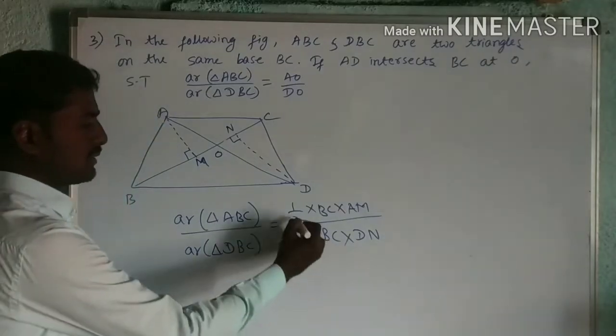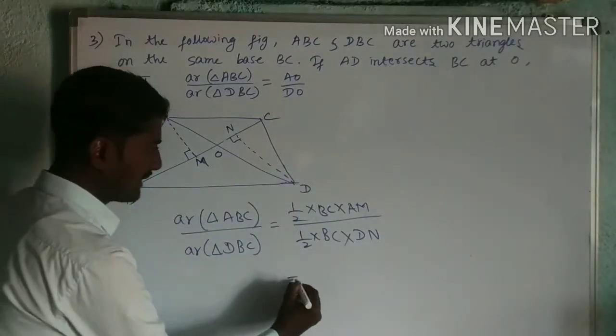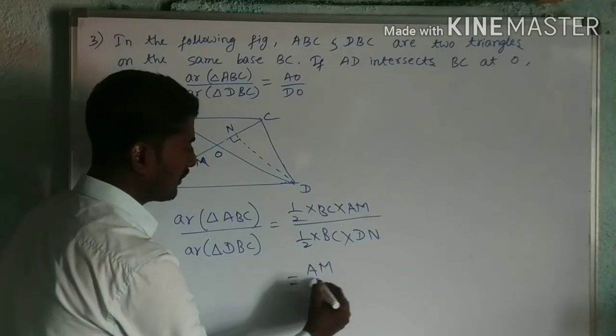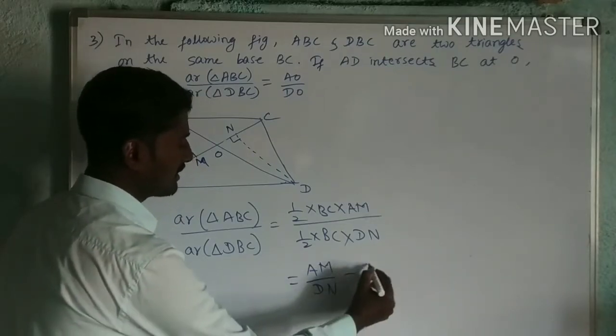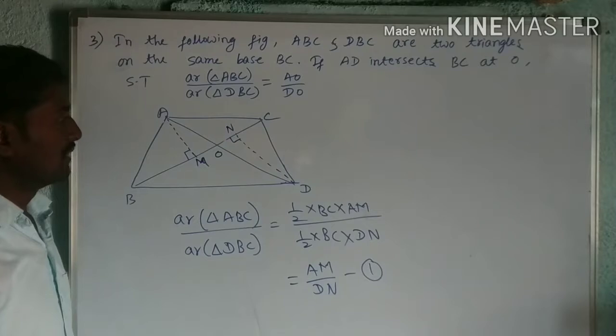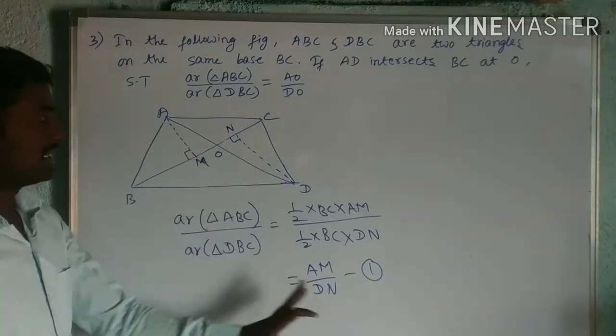Now 1 by 2 BC, 1 by 2 BC get cancelled. That is equal to AM divided by DN. This I'll take as equation number 1. So AM divided by DN is the LHS.